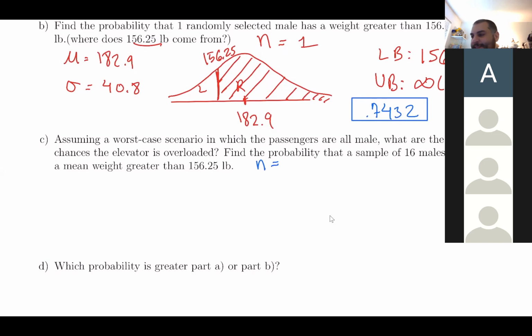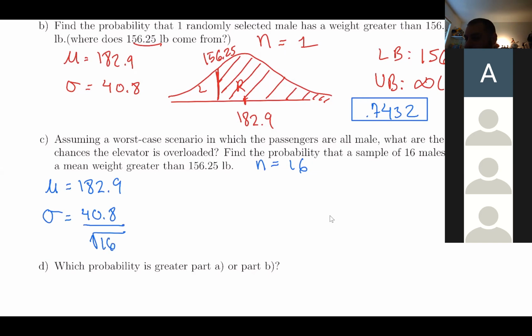16? Yeah, 16. So now the mean is still 182.9, but my standard deviation, now we have to adjust it because we're doing it for a sample of 16. So we want to take 40.8 and divide it by the square root of 16.